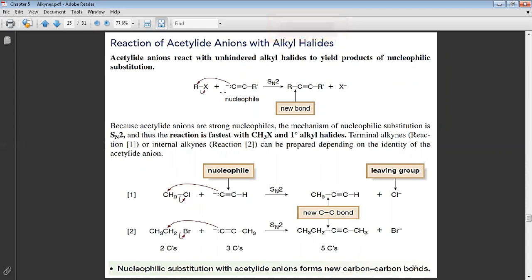For the SN2 reaction, the alkyl halide must be unhindered, that means an alkyl halide with less steric effect. That means just primary alkyl halide, sometimes secondary alkyl halide. Tertiary alkyl halide cannot enter the SN2 reaction.